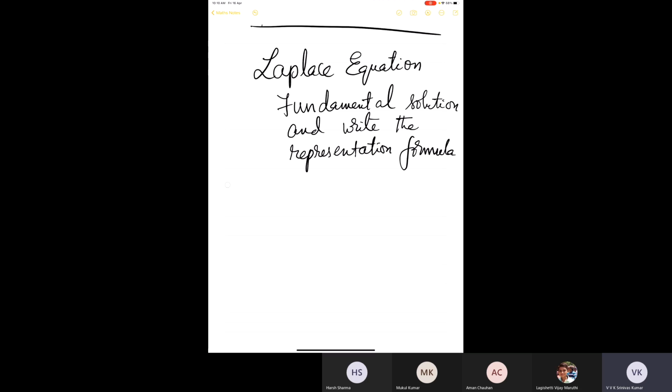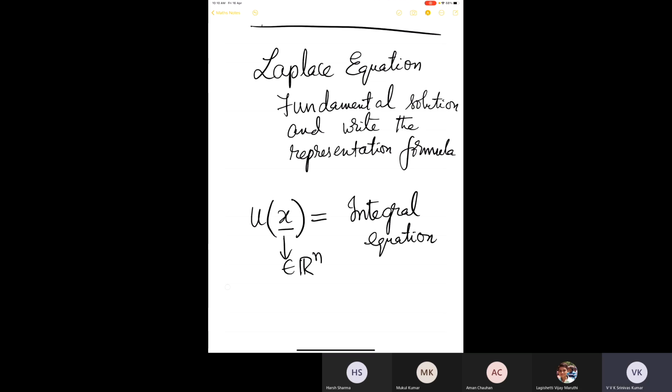Basically we want to write any function u of x, x belongs to Rn, in terms of an integral equation. It will involve integration over the domain and also integration over the boundary.